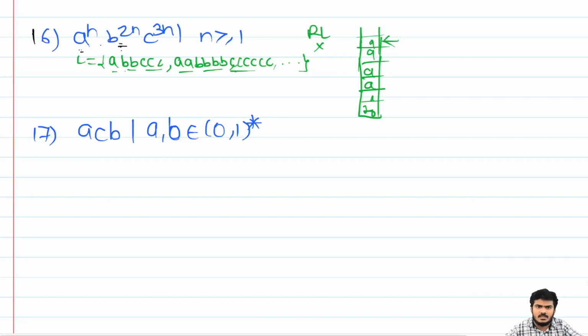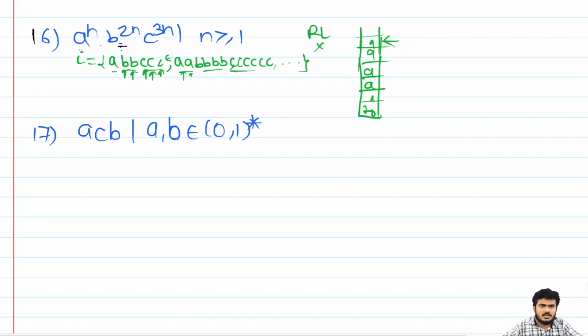So we will compare these two B's and pop this A. Now when C occurs, again we will pop A's one by one, and finally this string is accepted by this type of automata. Even such strings are also accepted by this logic.